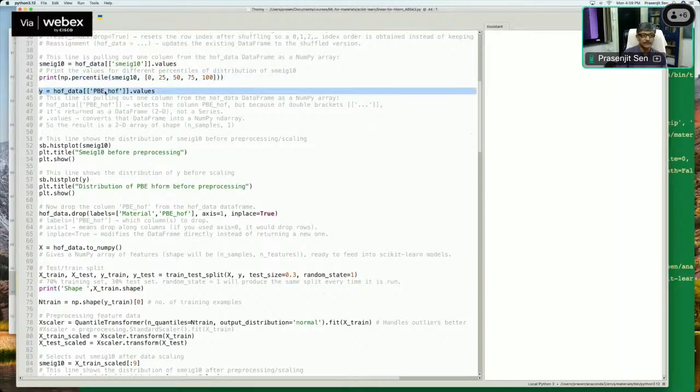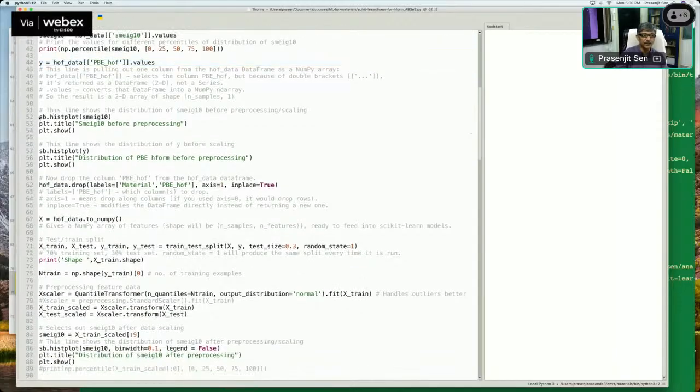Okay, then you have to set your target. The target value on which you will train your model is here stored as y, which is the column of the data frame with the header PPE heat of formation. So that sets y, the last column we had in the CSV file with the heat of formation values.